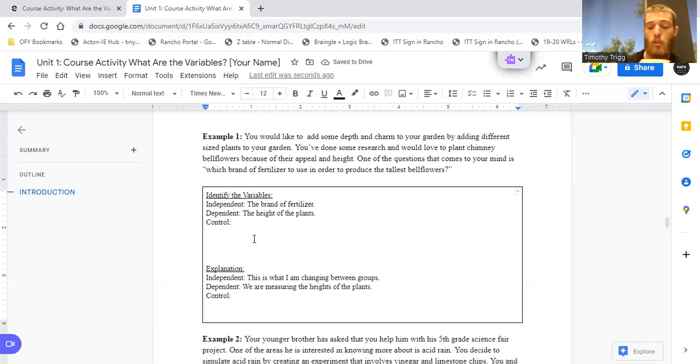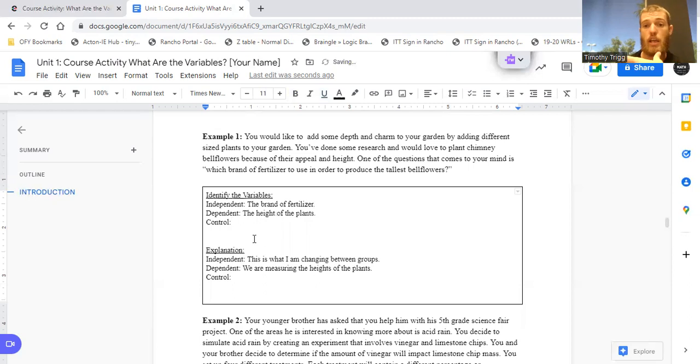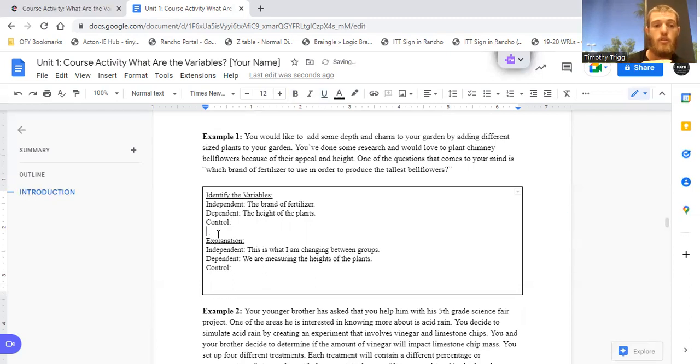Control. So control are all the things that you do not change from one group to the other. So there's many things that you want to control for. So they want to give them the same amount of water, same amount of sunlight, same species of plant, right? So those are all examples of control variables.